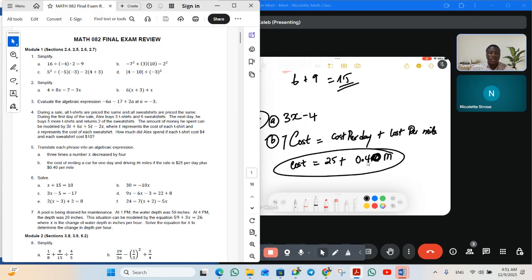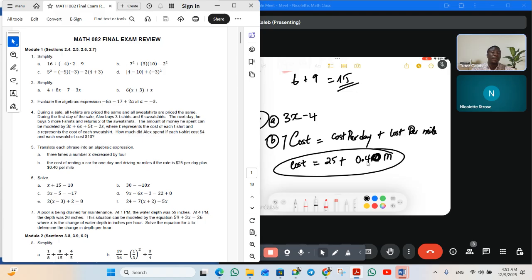We put M because the total number of miles that this person is going to be driving is M. That M can be 20, 40, 60. It's a number that we don't know. They could have said he's going to be driving for X miles.